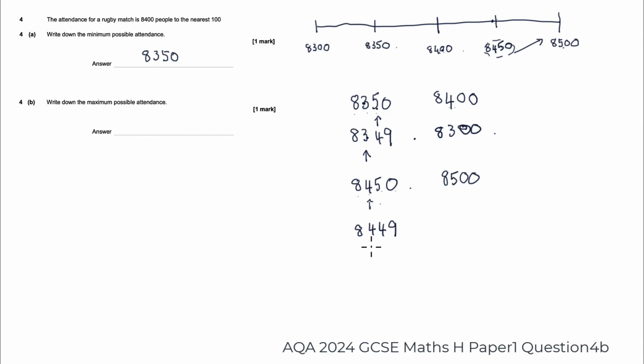And if we were asked to round this to the nearest 100, we definitely would be keeping that 4, and it would go to 8,400, which is what we were told was the attendance at this rugby match. So the greatest value, the maximum possible attendance, would not be 8,450, because that would go rounding up. It would be 8,449.